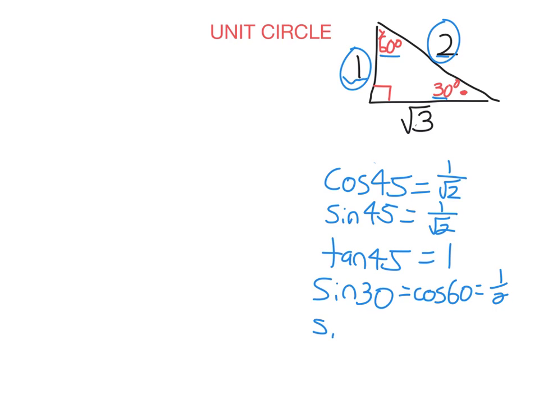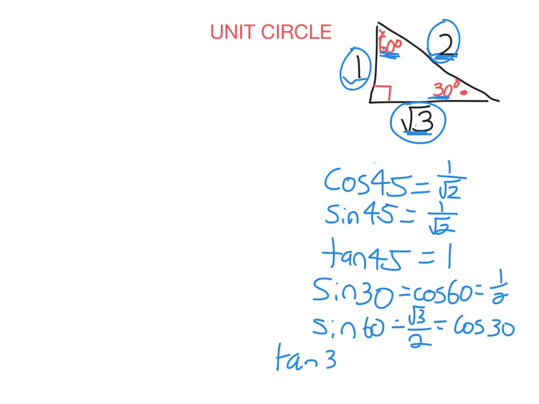I can see that sine of 60, so this angle here, is opposite over hypotenuse, so it's the square root of 3 on 2, which is about 0.87. But that's also the same as cos 30, because cos 30 is adjacent over hypotenuse. I can also get exact values for tan.